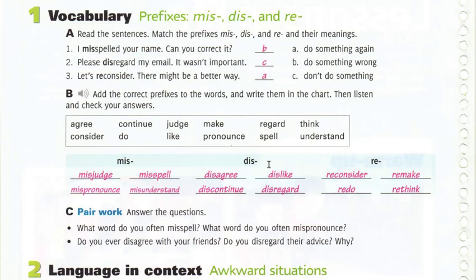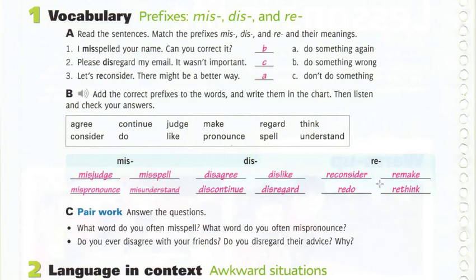Here we have dis. Dis means don't do something. So we have the verb, but we're not going to do it. So it's disagree, dislike, discontinue, and disregard. Here we have the prefix re, and re means do something again.